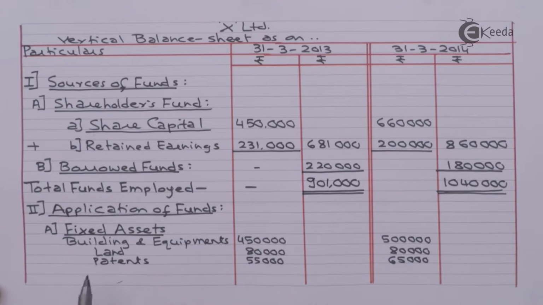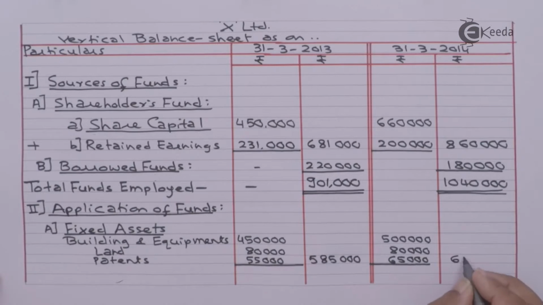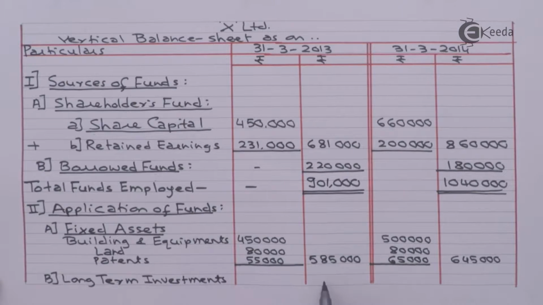We add them to get total fixed assets: 5,85,000 and 6,45,000. Next comes long-term investments. In this question there are no long-term investments, so we put a dash over here.